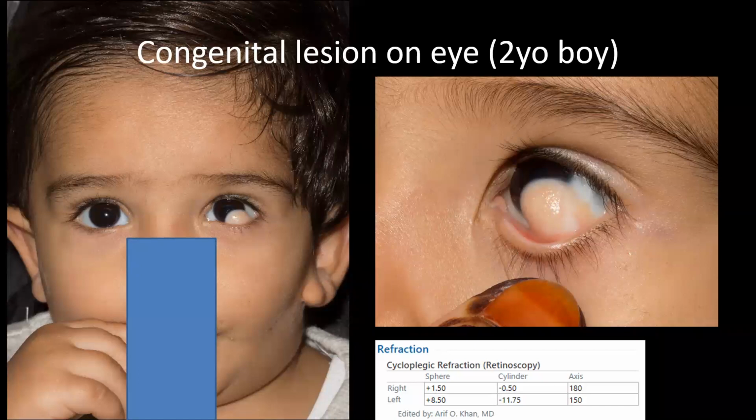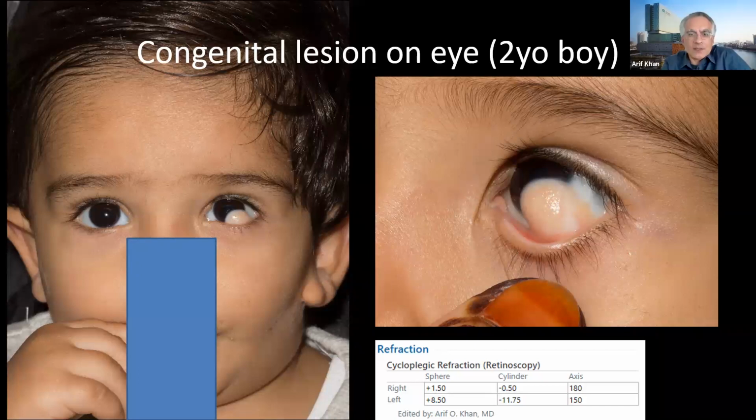So if the parents are bothered by it and they want something done, that's an indication to do it. Sometimes these lesions are irritating. They're causing dry eye. The lid doesn't close properly because of it. These are other indications. But again, unfortunately, the astigmatism doesn't tend to go away when you remove them.